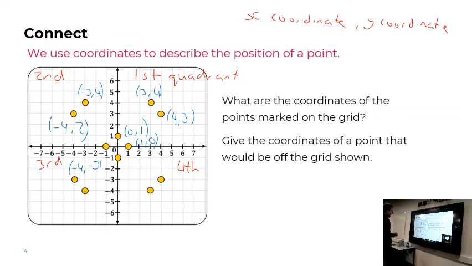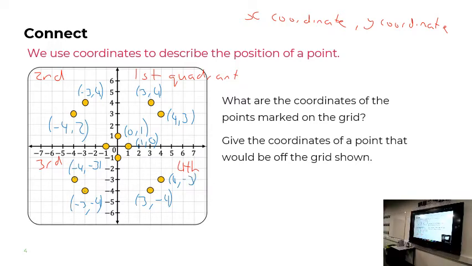Next point, x is negative 3, and the y value is negative 4. In the fourth quadrant, the x values are positive and the y values are negative. Here, x is 3 and y is negative 4. This point, x is 4 and y is negative 3.